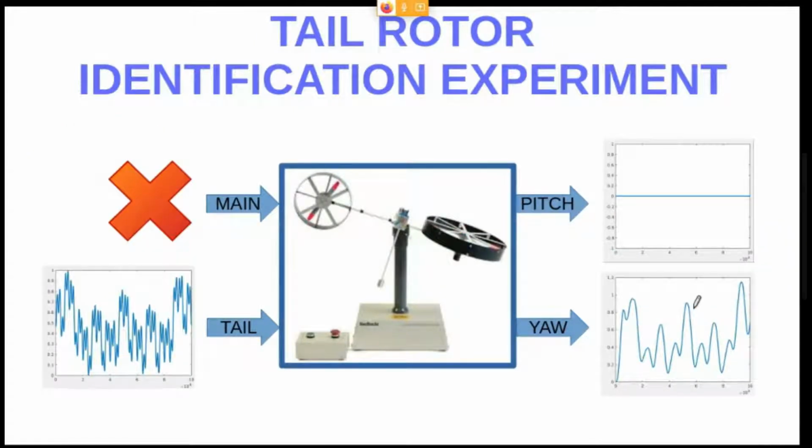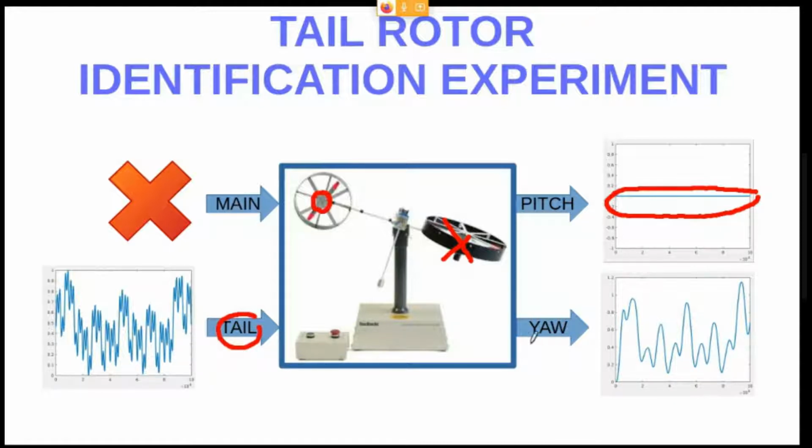On the other hand, we have applied the same multi-sine signal over time, but now to the tail rotor. So we have applied it to this DC motor in here, and absolutely no input signal on the main rotor, right? As you can see here, there is no effect on the pitch angle caused by the tail rotor.